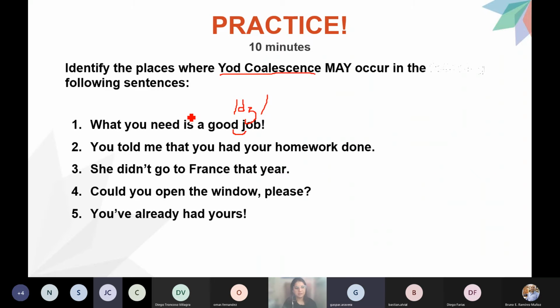Oh, and it could be you need. Why you need? What are you linking? I mean, what are you fusing together? It's the yod coalescence. And which will be the words being assimilated? No, this word no.